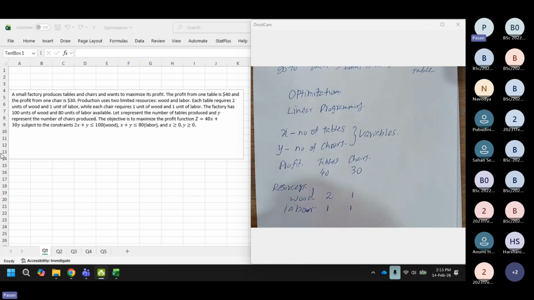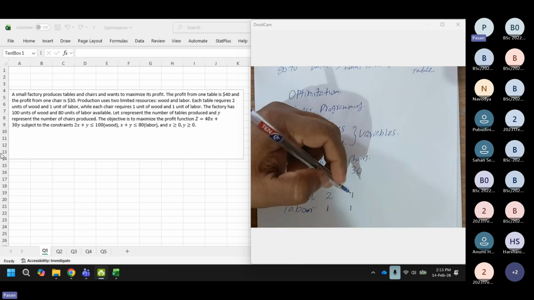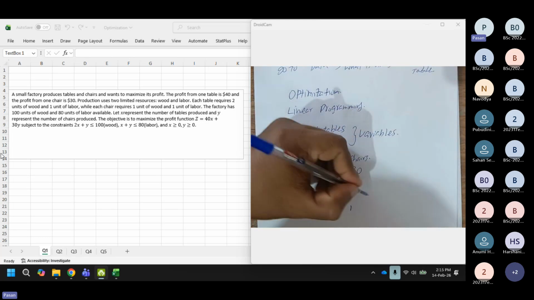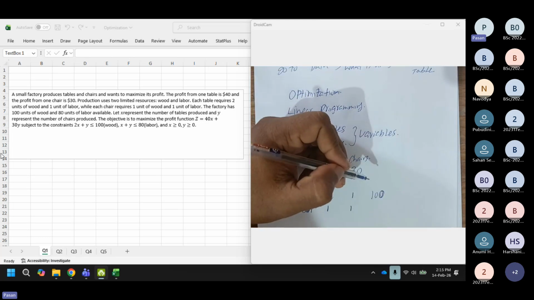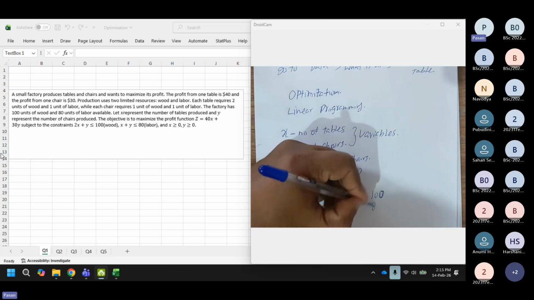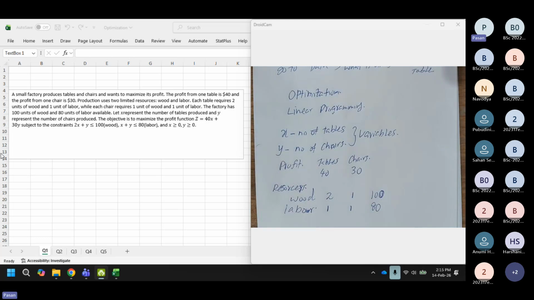So altogether, in terms of wood, the total resource availability is 100, and for labor it is 80. That's our total availability. And then X and Y we can present as the number of tables and chairs, right?